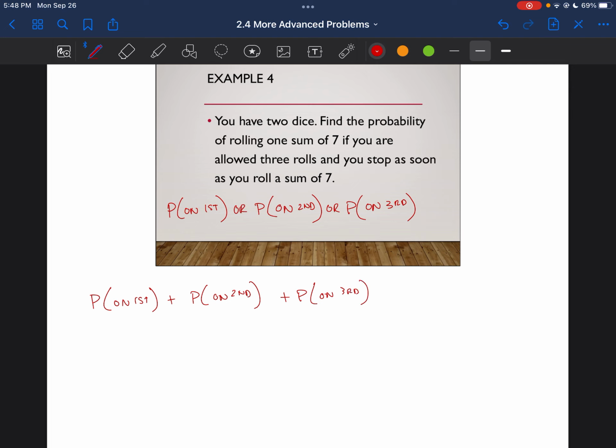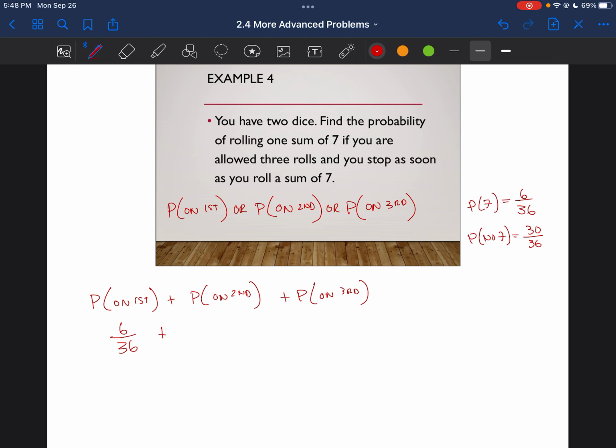So the probability that I get a 7, we already did this. We know that the probability of getting a 7 is 6 out of 36. You can bring back up the table if you need it. The probability that I don't get a 7 is the complement of that, so that's 30 out of 36. And so if I were to roll a 7 on the first roll, then I'm going to stop, and the chance of that happening is 6 out of 36.